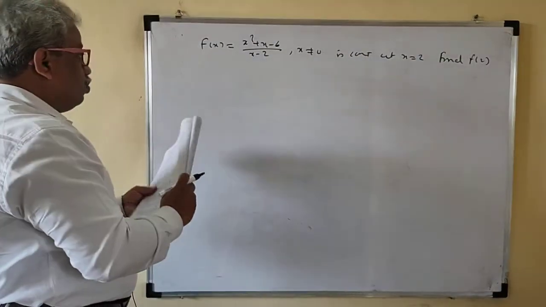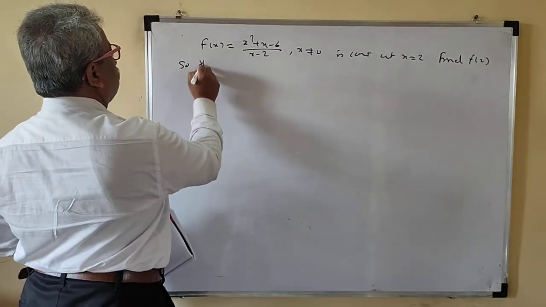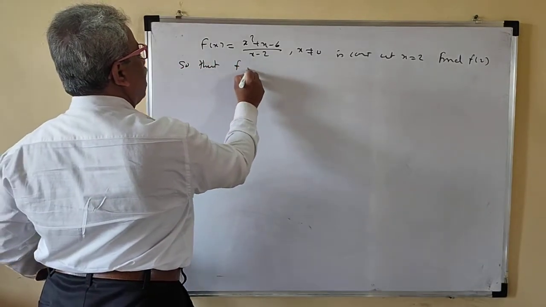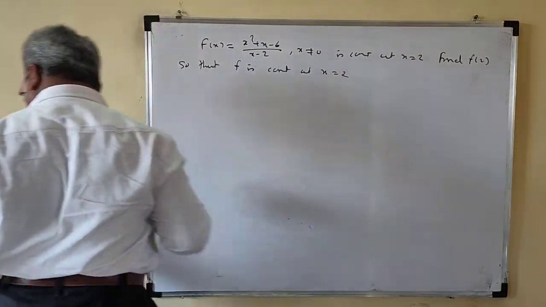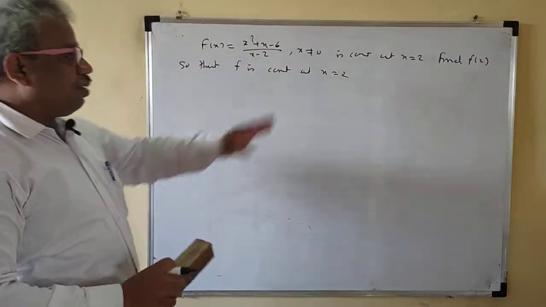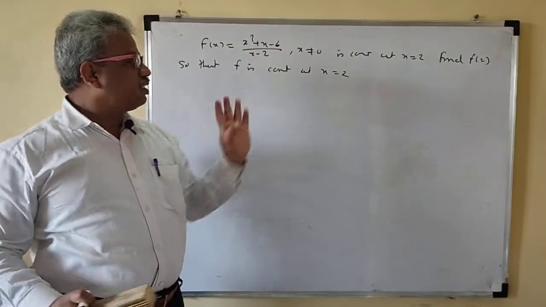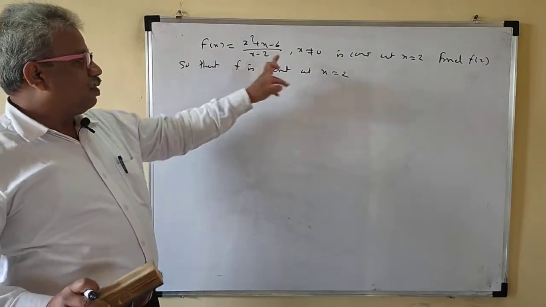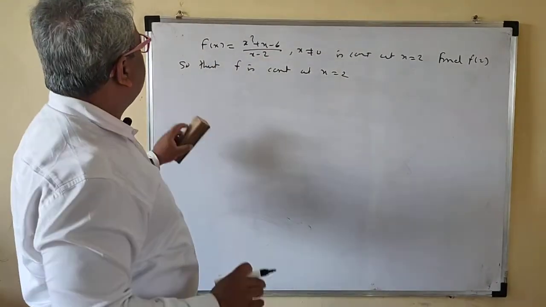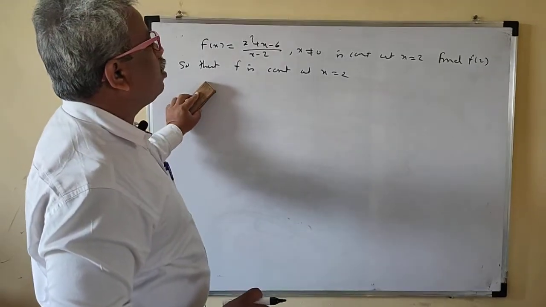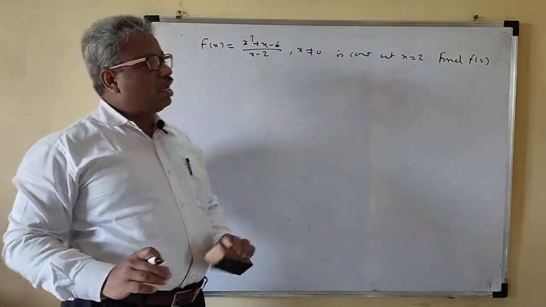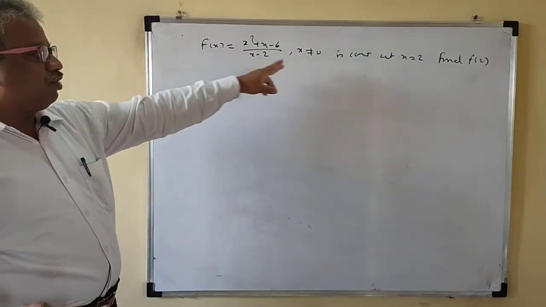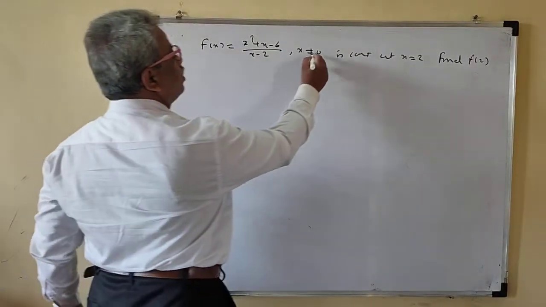Find f of 2 so that f is continuous at x equal to 2. So if they ask to find f of 2 so that this function is continuous at x equal to 2, no problem for this one.